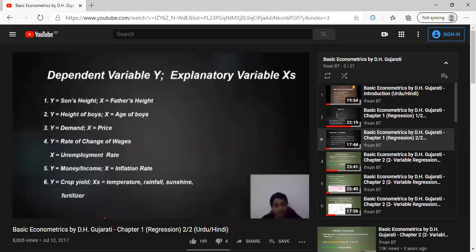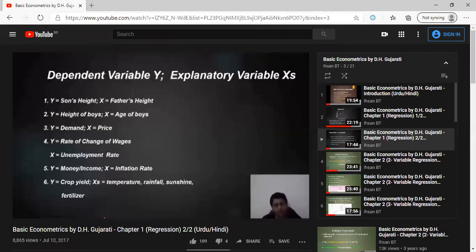So then obviously if it's a straight line, you need to know two things: the intercept and the slope of the straight line. When you say it's a straight line, you want to know beta 1 and beta 2, the intercept and the slope.